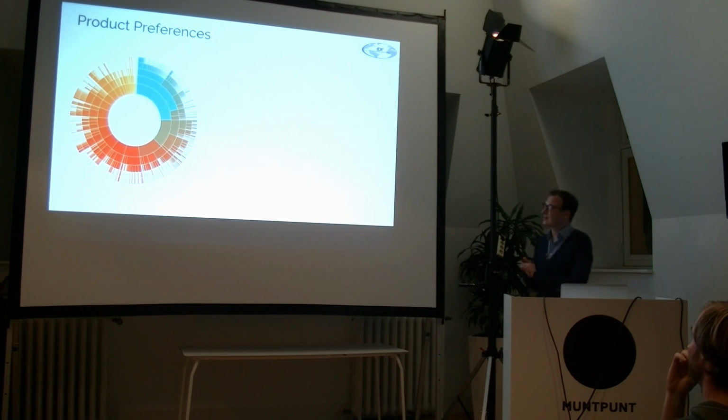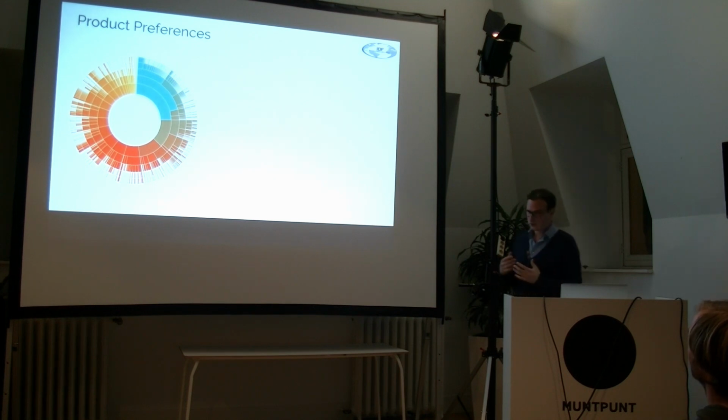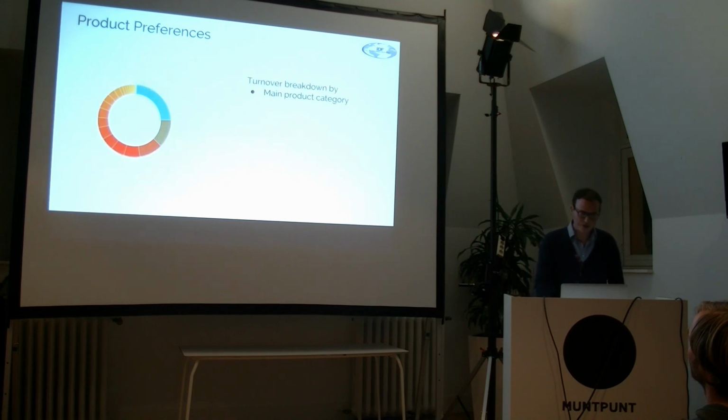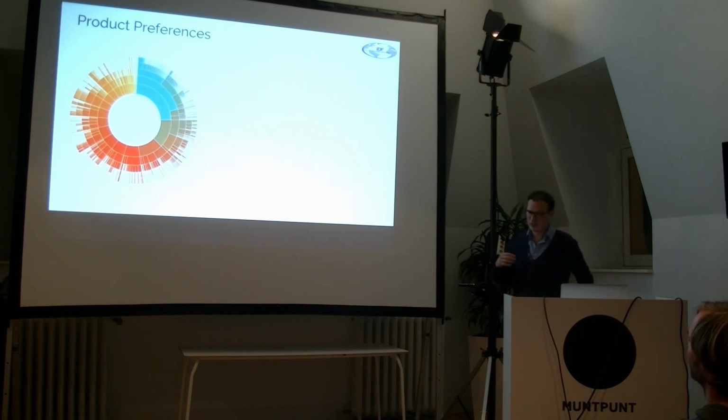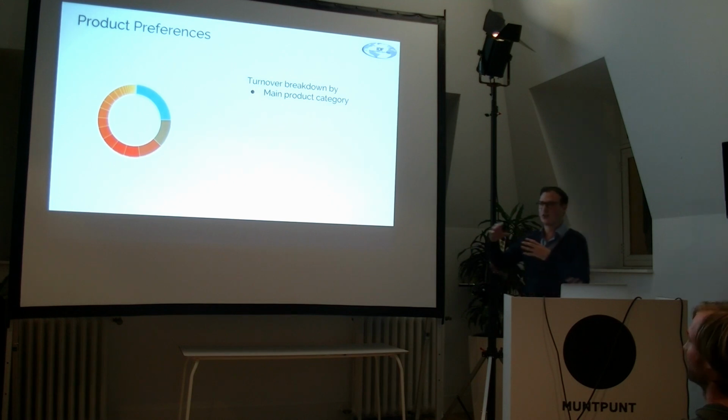Another example is the one we did to help the duty-free shops in Zaventem and Charleroi Airport. They asked us whether we could characterize the consumption behavior of a certain segment of passengers. To understand more about their huge portfolio of products, we tried to break down their turnover into main categories.